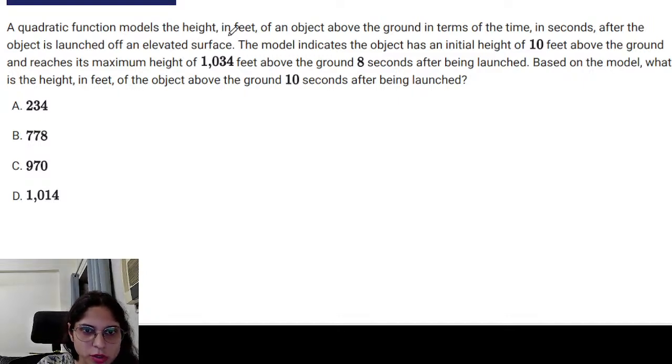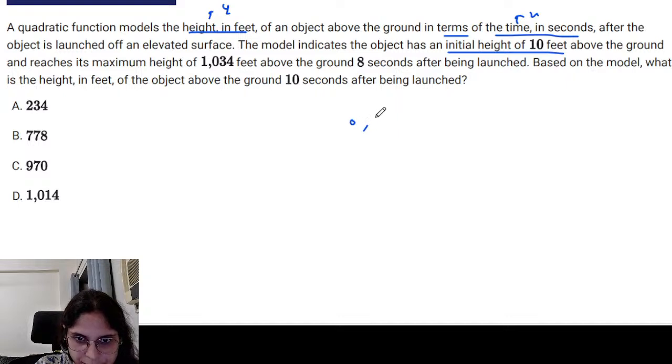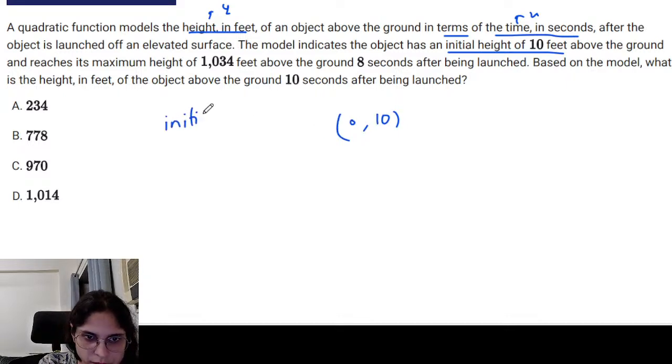Quadratic function models the height in feet above the ground in terms of time in seconds. So this is your x, this is your y. The model indicates the object has an initial height of 10 feet, that means 0, 10, because initial means y-intercept.